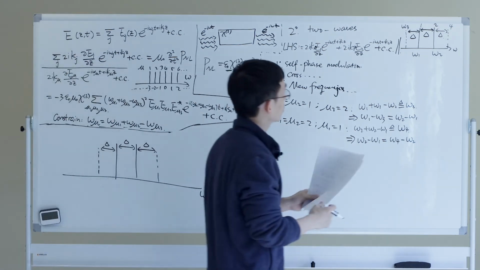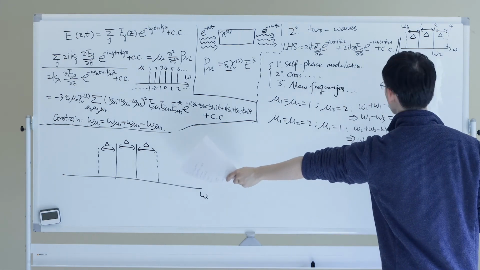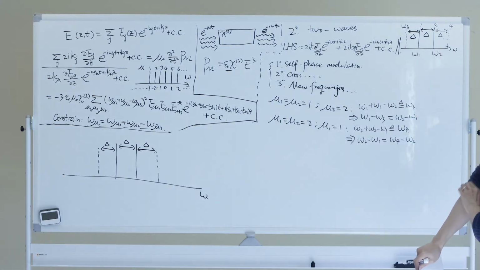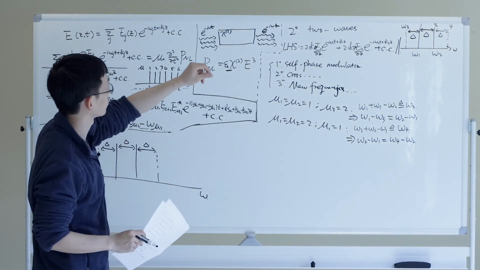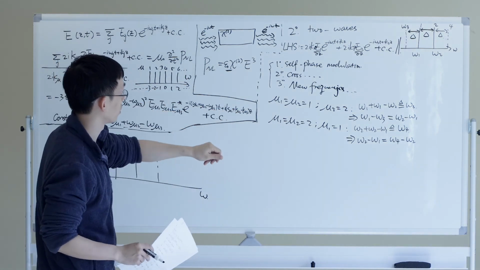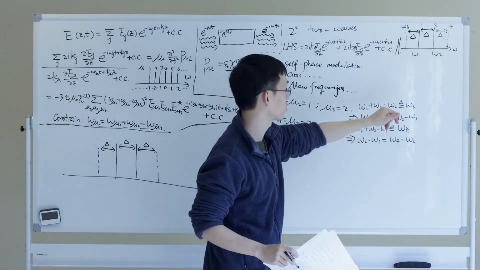So let's really look at this situation. I moved the figure there so that we have more space. So what exactly happened? If you look here, suppose we take the omega 3 frequency term out.